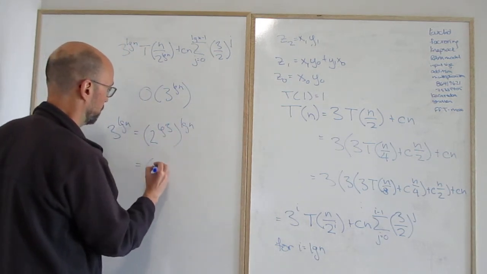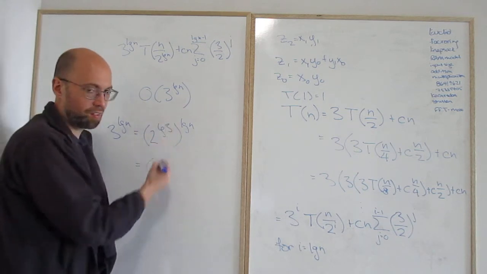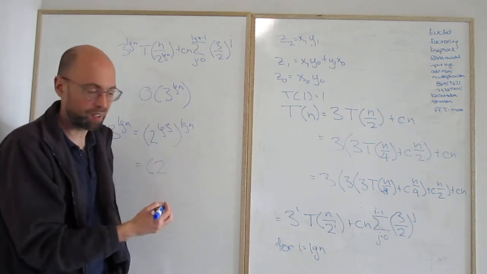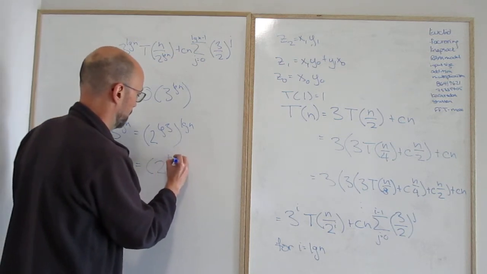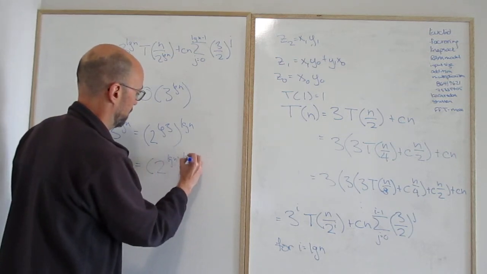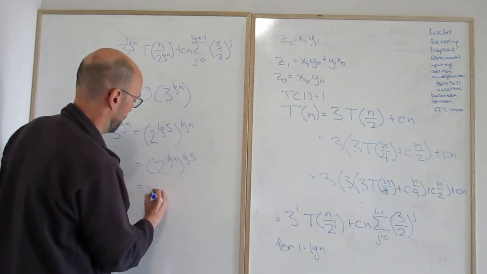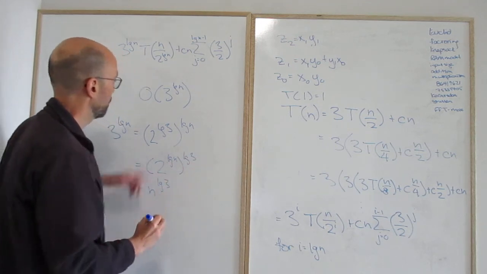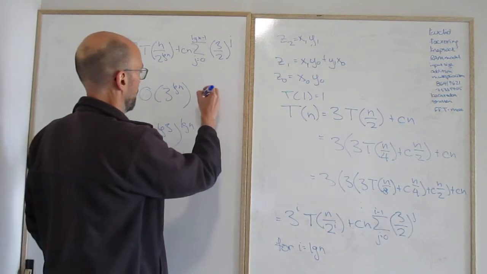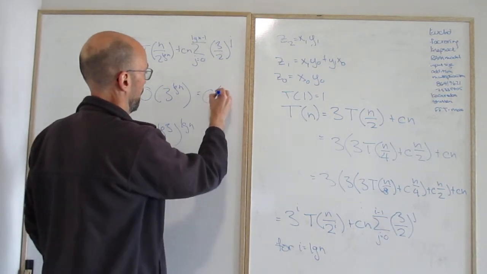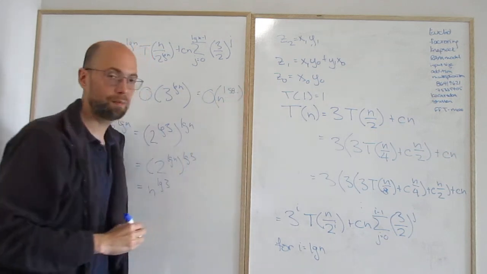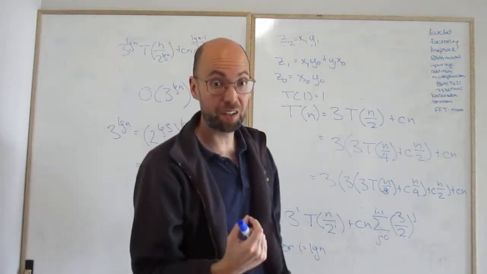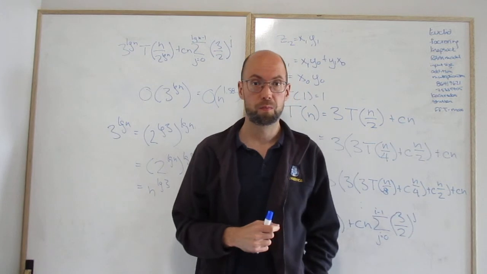This is easy, but it's a neat trick, and people got stuck on it in a previous year. So this equals n^(log 3), which is order n^1.58 something. So it's better than n squared.